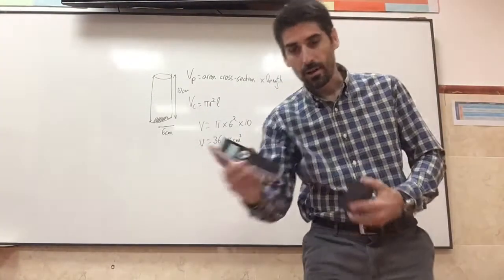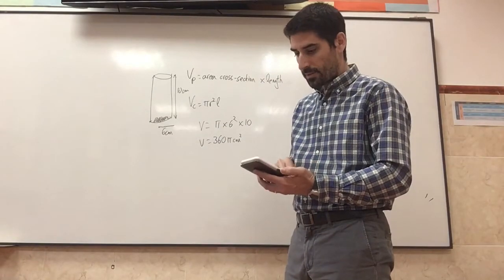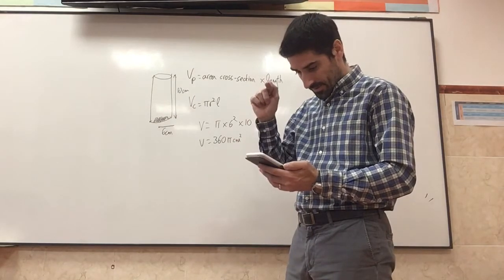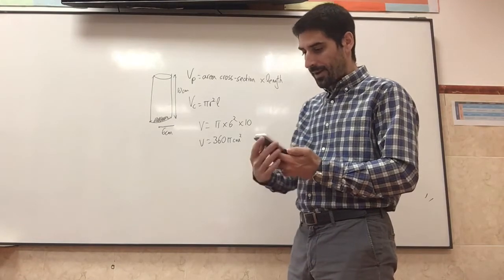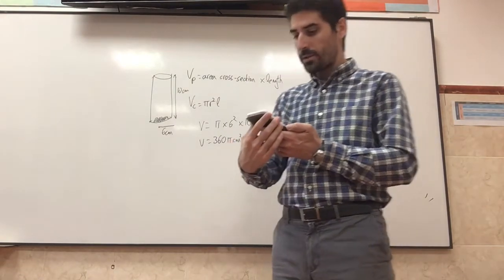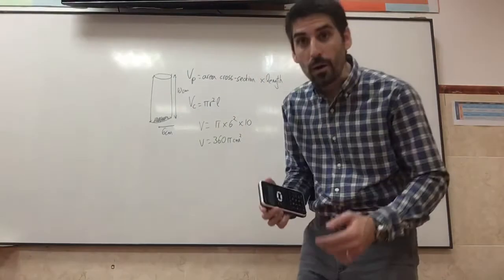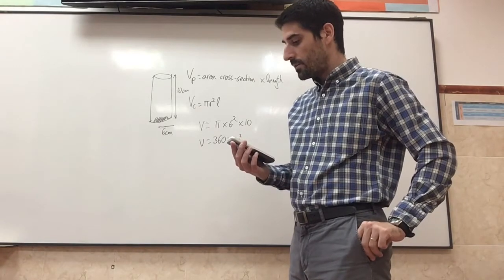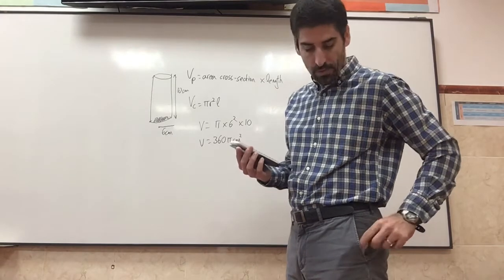you whack out your calculator and you would do 360 multiplied by the pi button. I get 1130.97 or so. If I am rounding to 3 significant figures, the answer would be 1130.